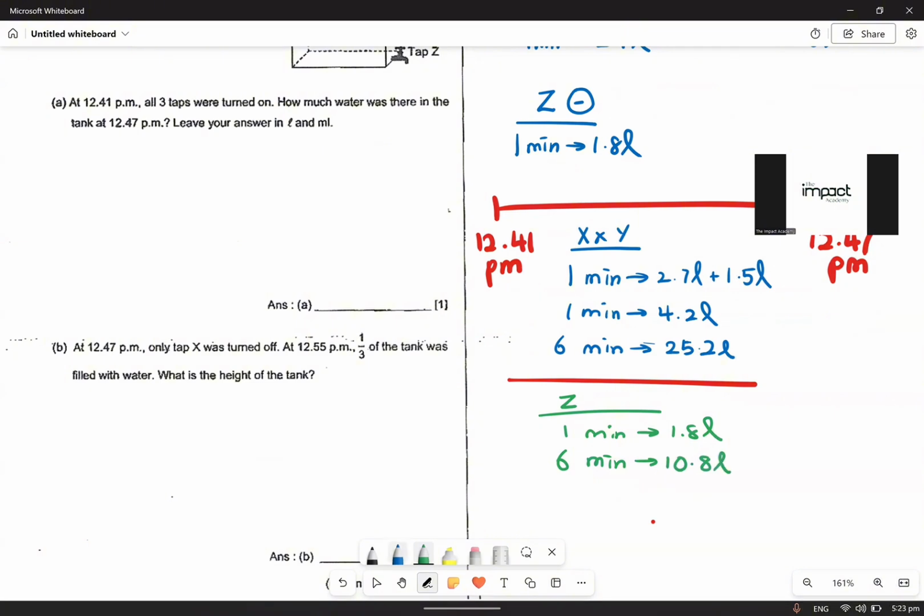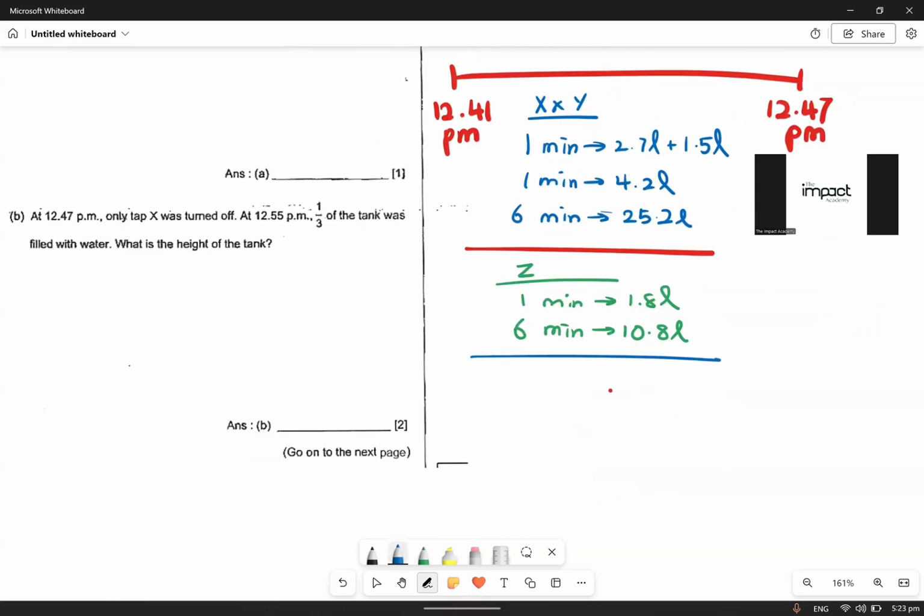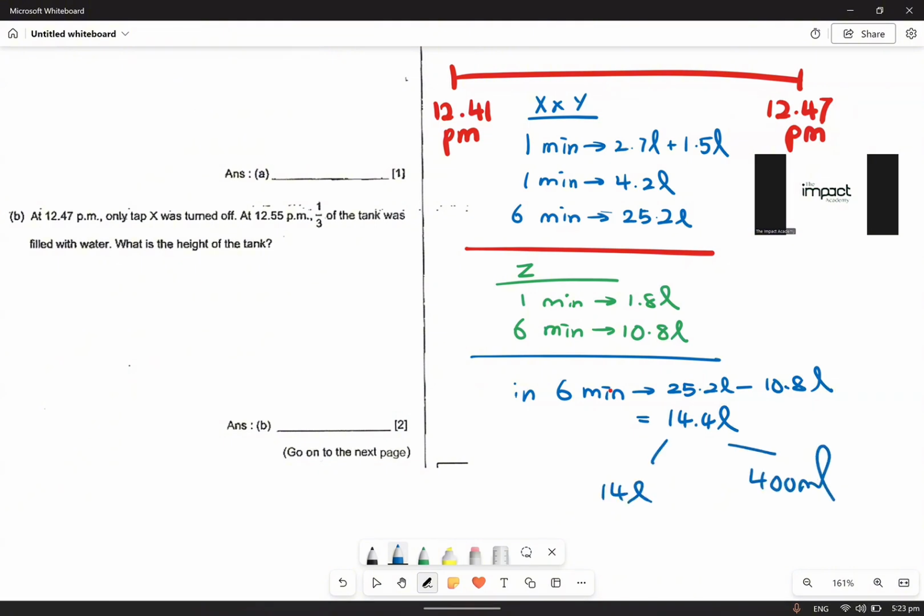All right, so then in 6 minutes time, how much water will remain in the tank? 25.2 liters minus away 10.8 liters. Am I making sense? Minus away 10.8 liters, we get 14.4 liters. Can you understand or don't understand? Change that to 14 liters, 400 ml. Does that make sense to you? Yeah. Okay, so that's how you do this one.